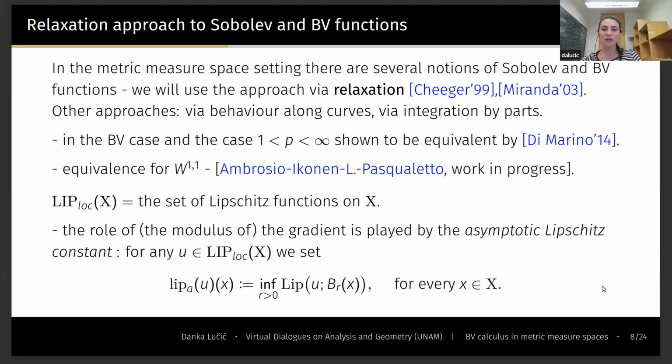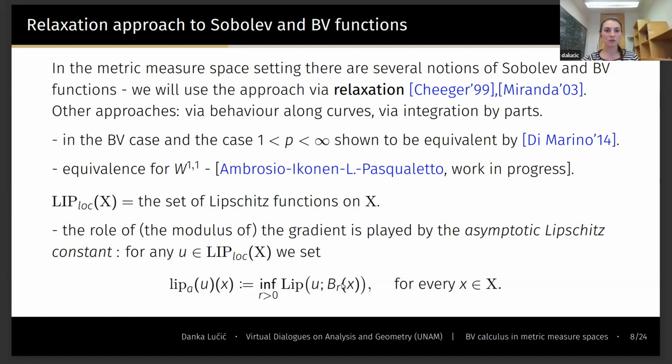And what will play the role of the modulus of the gradient that we are using to define our energy, in this case will be the asymptotic Lipschitz constant, which is for every locally Lipschitz function defined as the infimum over all radii r of the global Lipschitz constant of the function u restricted to the ball of radius r, and then you shrink the ball around the point.